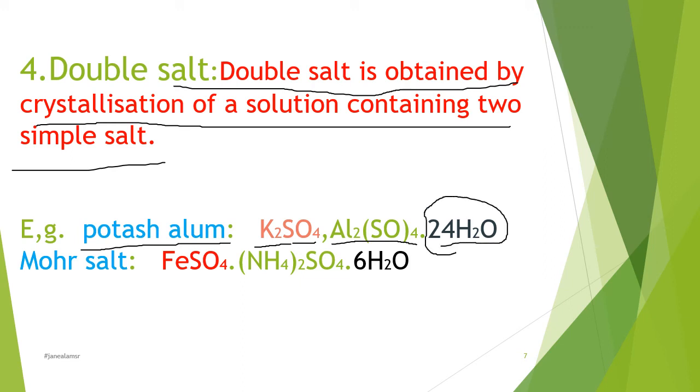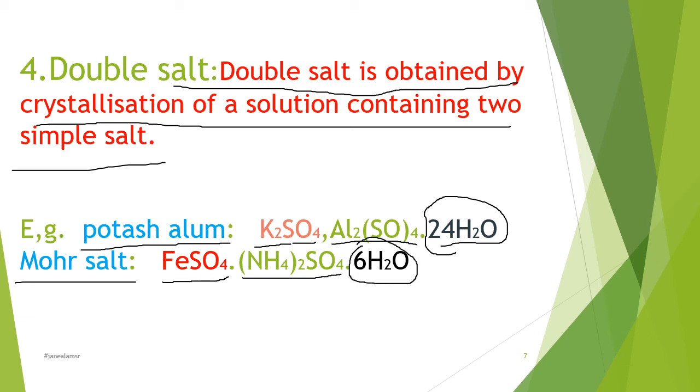Another example of double salt is Mohr salt. It contains two salts. One is FeSO4, ferrous sulfate, green in color, and another is ammonium sulfate (NH4)2SO4, and contains 6 water.